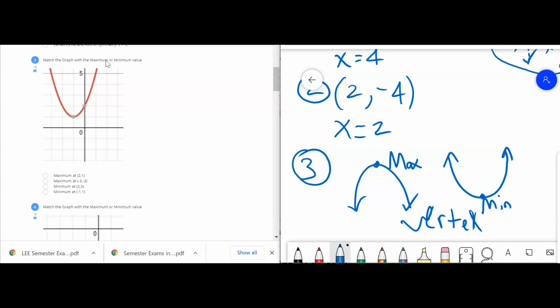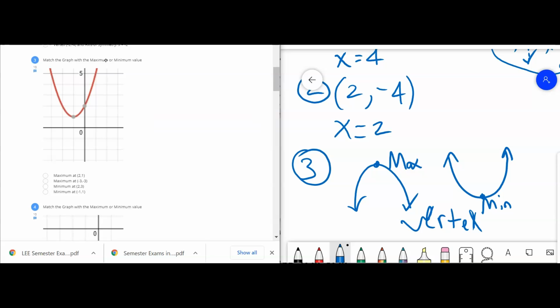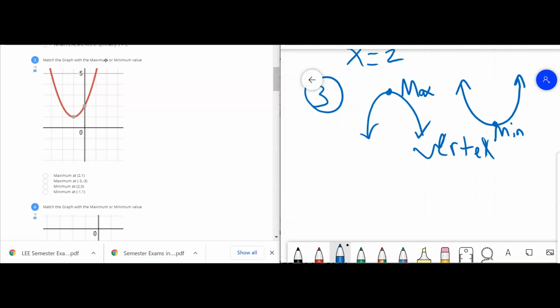Okay, so what's the vertex of number 3? This one you can't click on, but right there, what is that point? Well, 1 to the left is negative 1, up 1 is positive 1. All right, so we know it's negative 1, positive 1. But is it a min or a max?